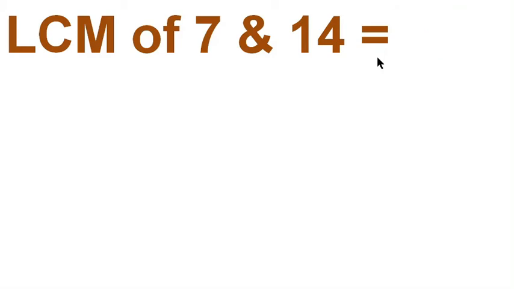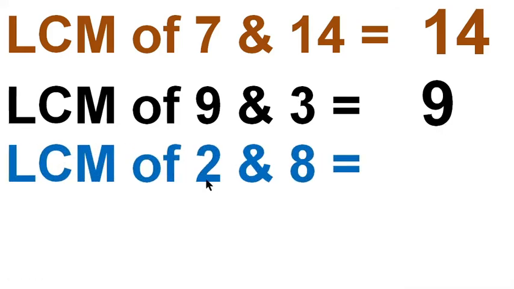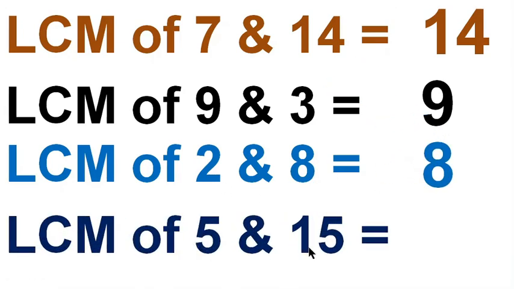Here 7 and 14, and 14 is divisible by 7, so our LCM is 14. 9 and 3, here greater one is 9, and 9 is also divisible by 3, so 9 is LCM. Here 2 and 8, and 8 is also divisible by 2, so 8 is LCM. Here 5 and 15, greater one is 15, and 15 is also divisible by 5, so our LCM is 15.